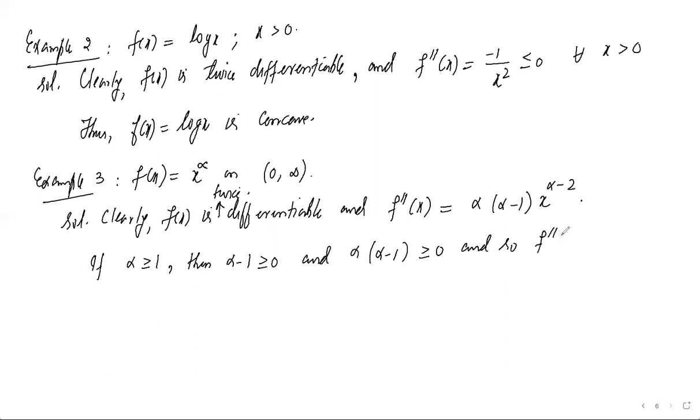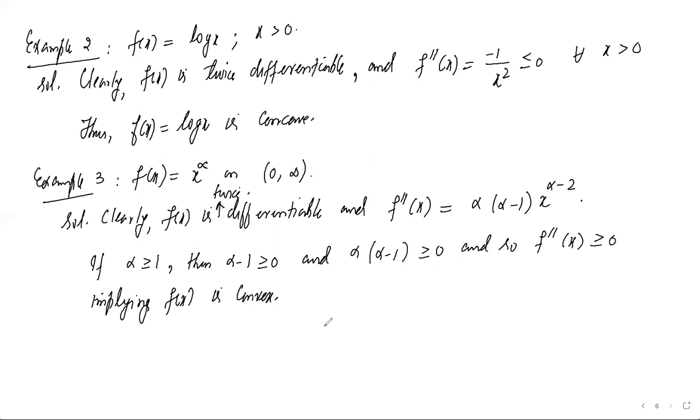And so f double dash of x is greater or equal to 0, implying that f of x is convex.